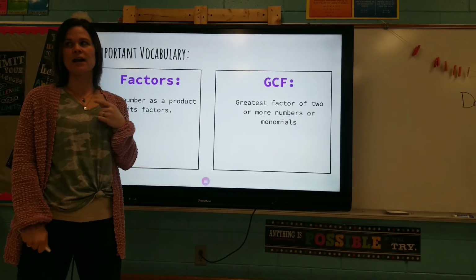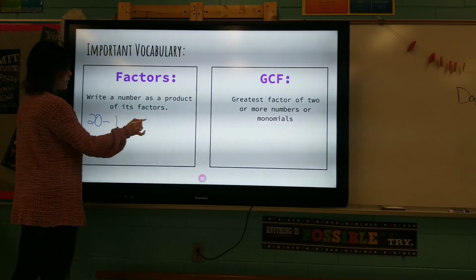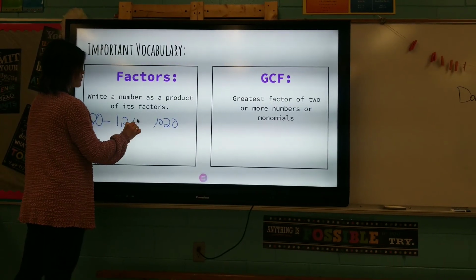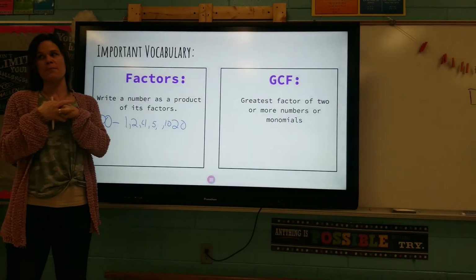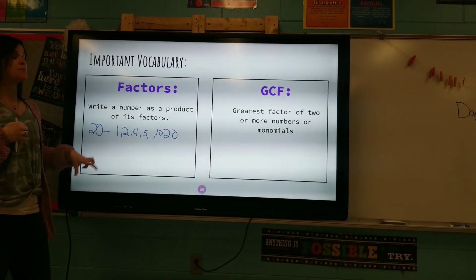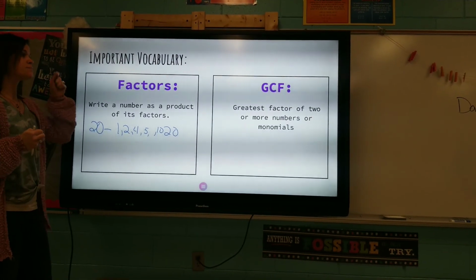Let's see. Andrew, what you got, buddy? All right. 1 and 20, 2 and 10, 4 and 5. Awesome. So those would be all of the factors or the numbers that make up our number that we're talking about. And we're going to do this in a minute with some variables as well. So we're just starting really basic with some numbers.